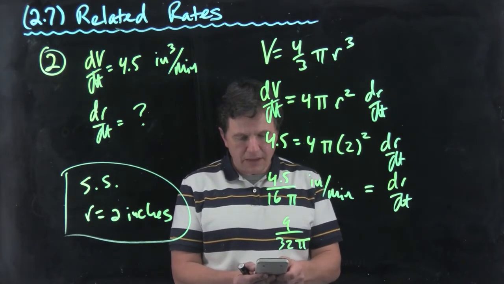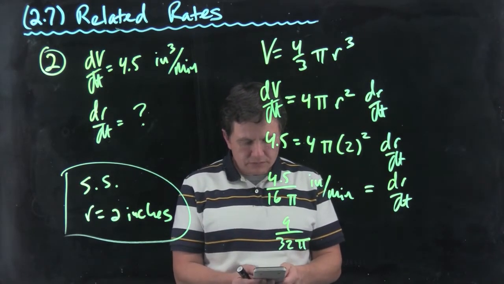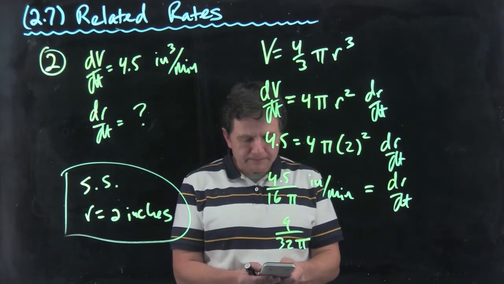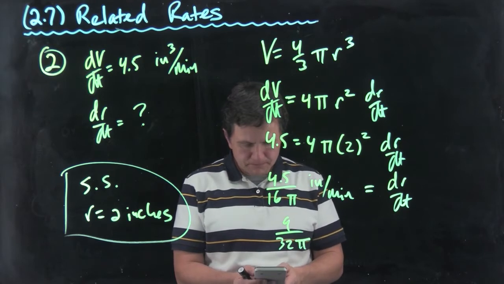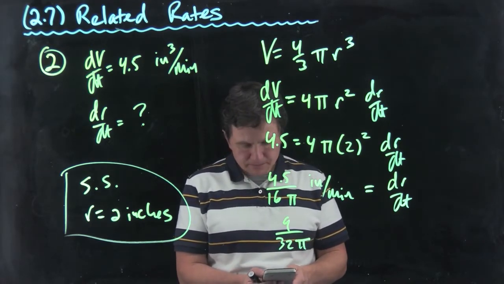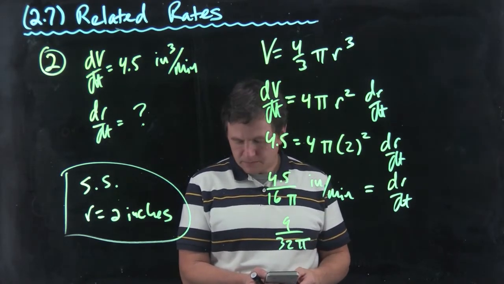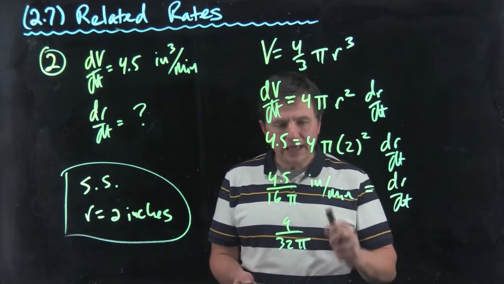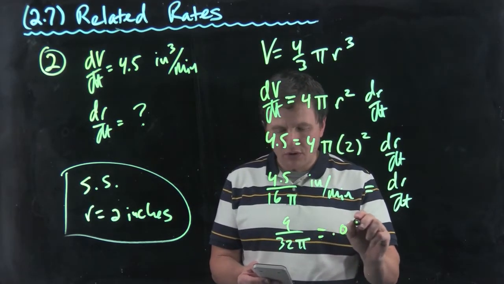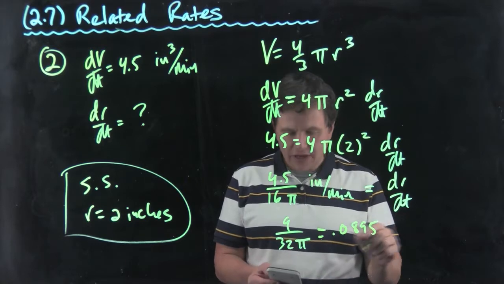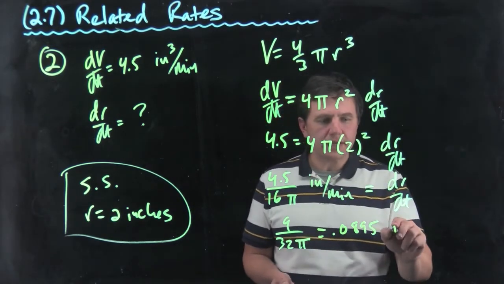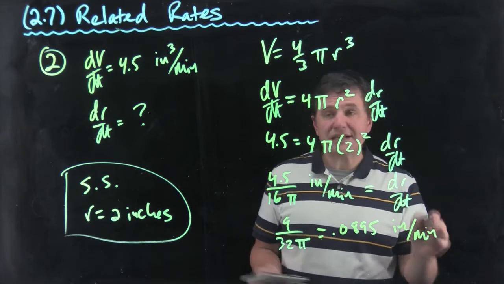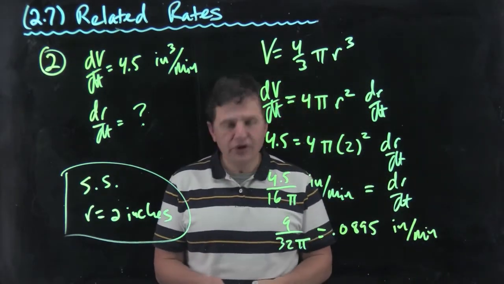So that's divided by 16 pi, and we would get 0.0895, and you just have to be accurate to 3 decimal places, either truncated or rounded, and that would be inches per minute. So that's that whole problem there, pretty straightforward.